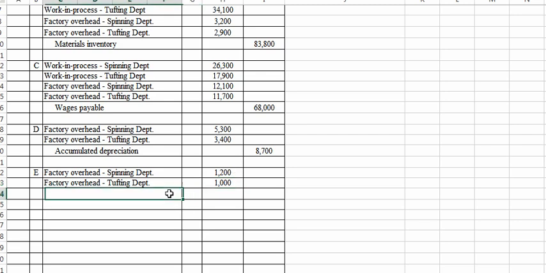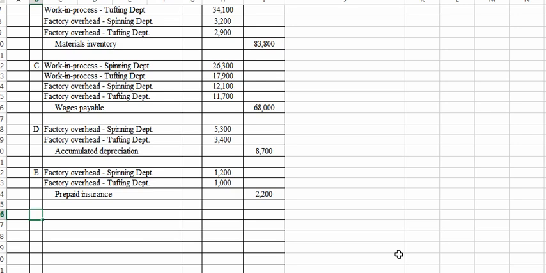There's several ways they could have separated that out, but square footage would be one way. Now we'd credit prepaid insurance for the total. I'm not even going to check that one. Alright.